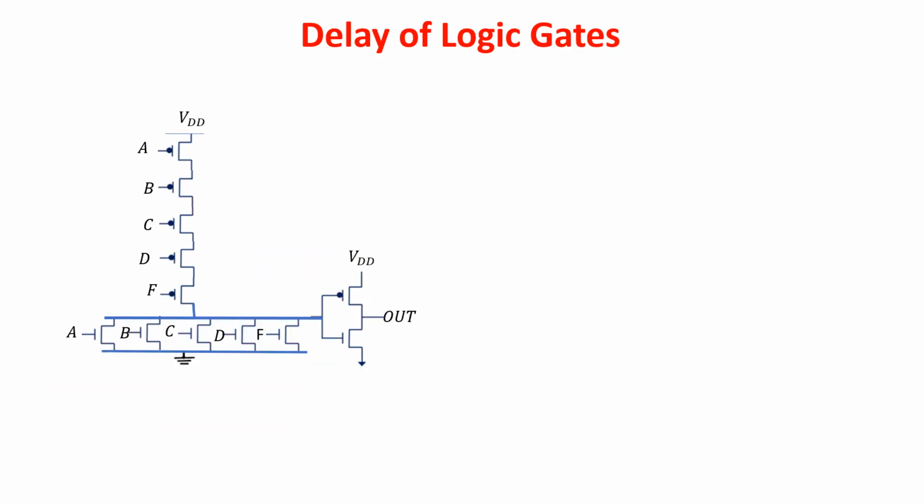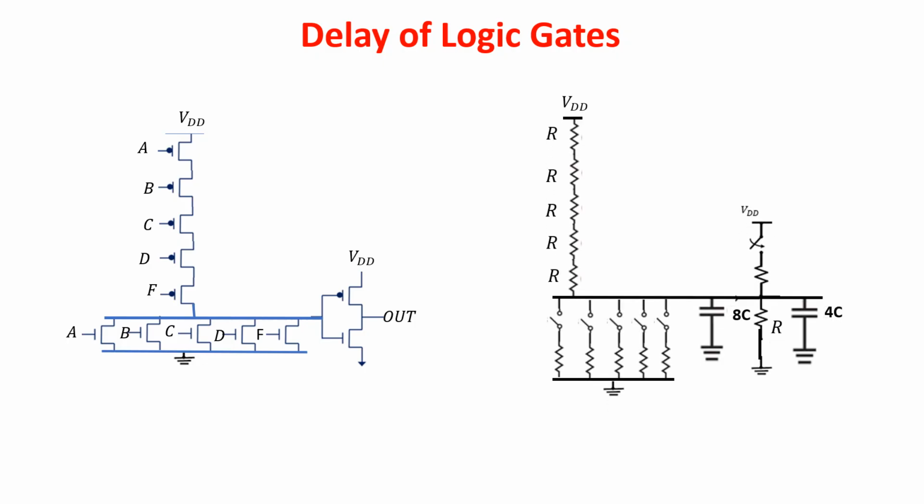If we consider now a 5 inputs OR gate, we have this structure and the time can be calculated with the same assumption as the 2 input OR gate case, getting 5R times the capacitance associated with 8 transistors connected to this node. So 5R times 8C equals 40RC delay. The total delay considering also the inverter is now 44RC.